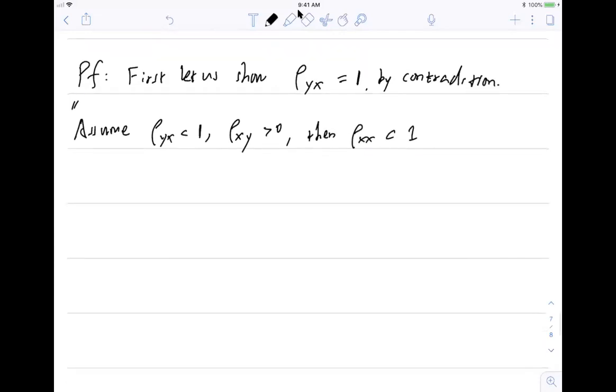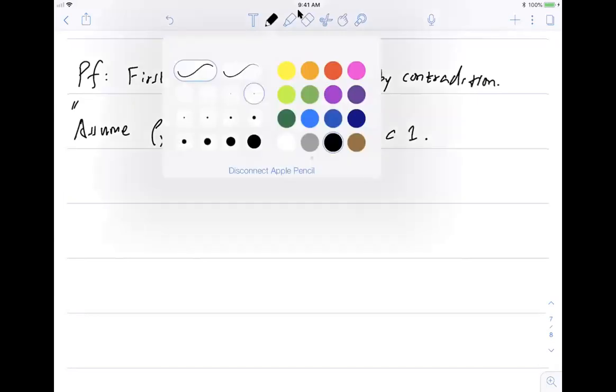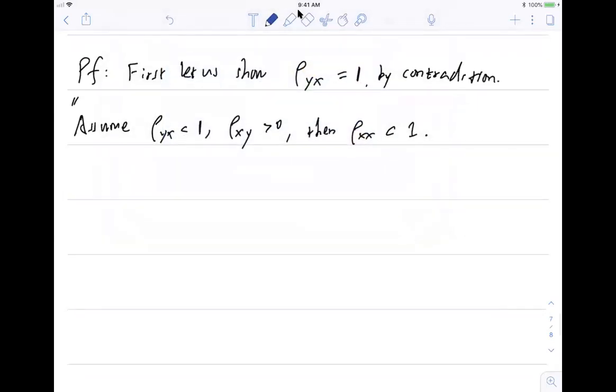This is actually very easy to believe, the intuitive idea is easy to believe. So what does this mean? This is state x. From x, you can always reach y, so this is infinite time, you have chances to reach y.